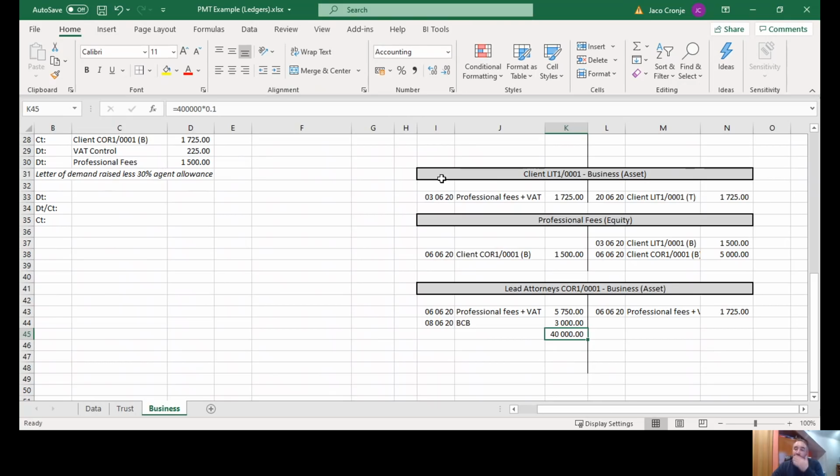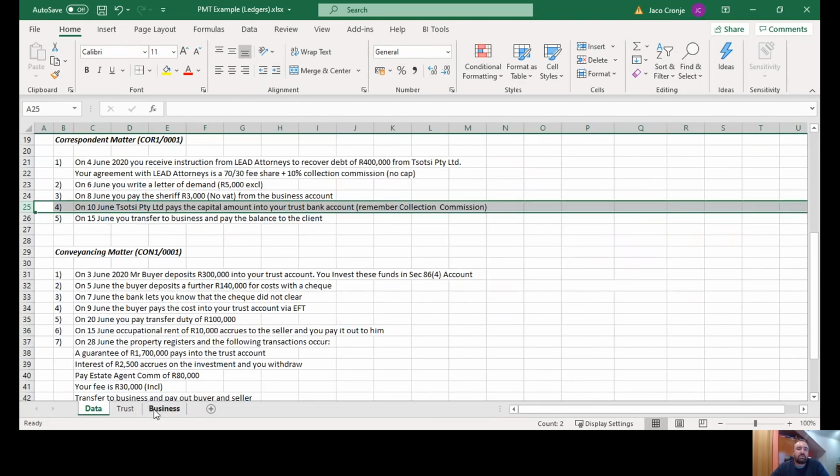So in other words, that's 40,000 Rand. But hold on for a sec. That is the exclusive amount, because that is my commission. So we have to invoice them for VAT on top of that. So we're going to add to our formula times 1.15. We invoice them for the VAT inclusive amount on that collection commission.